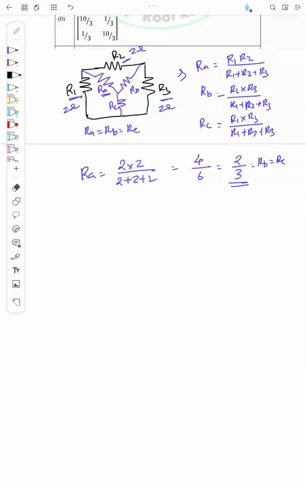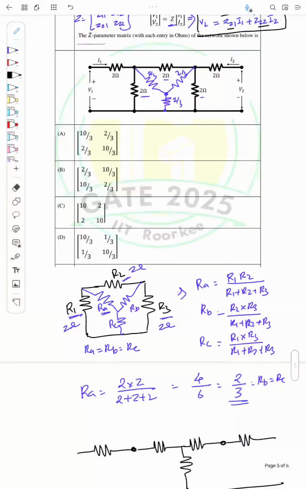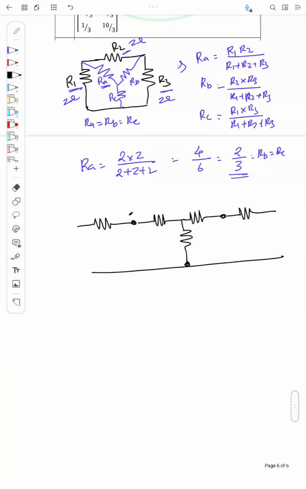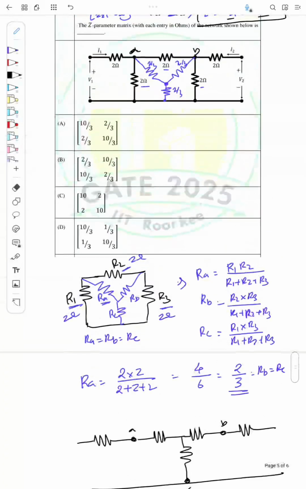So let me redraw the circuit with this. Okay, so here I have the resistors. Say this node is A and this node is B, like that, and say this is C, which corresponds to this node.